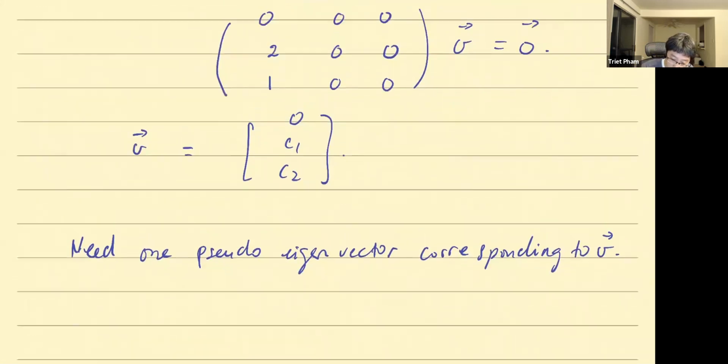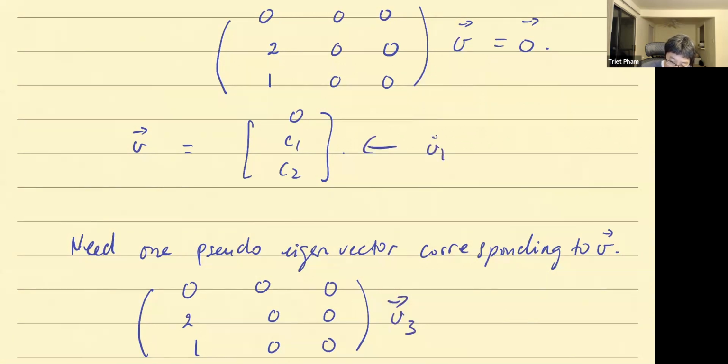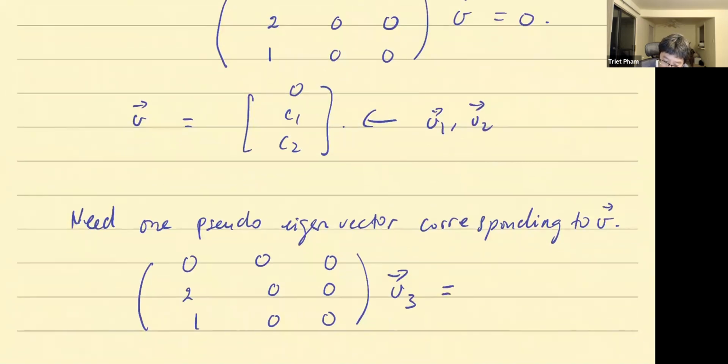So if I look at 0, 0, 0, 2, 0, 0, 1, 0, 0, and let me call this V3, because this covers V1, V2, times V3 is equal to 0, C1, C2, for example. Let's see.